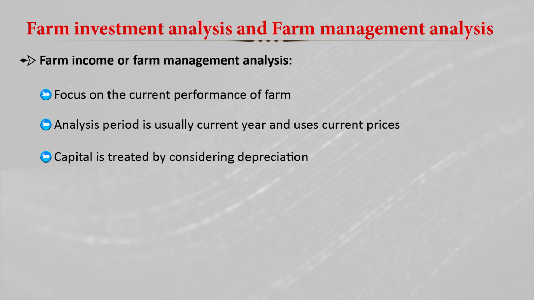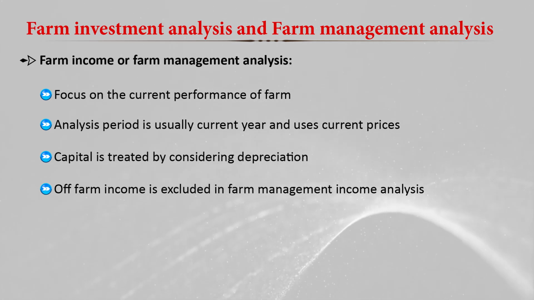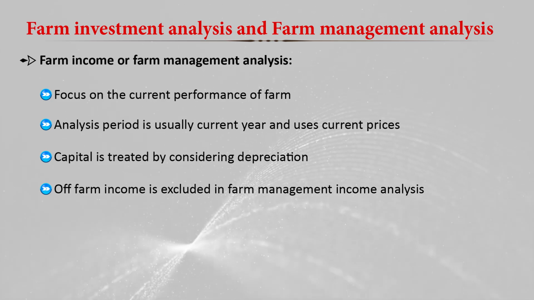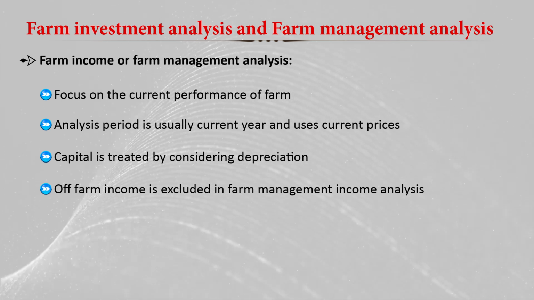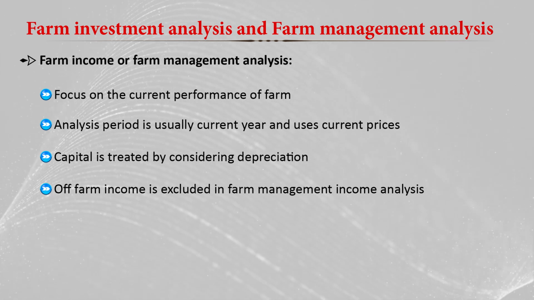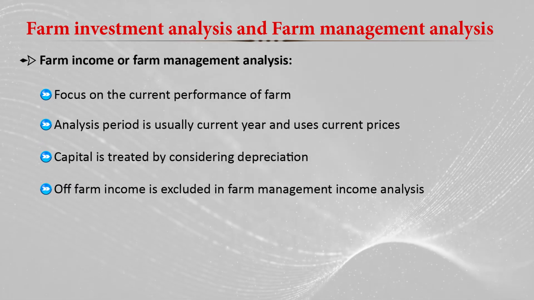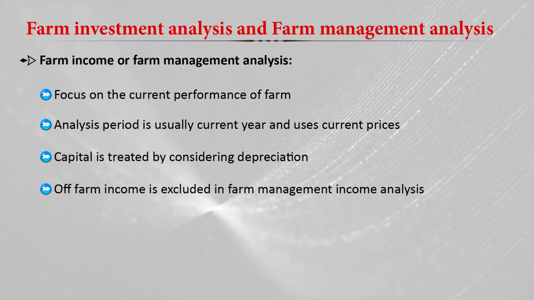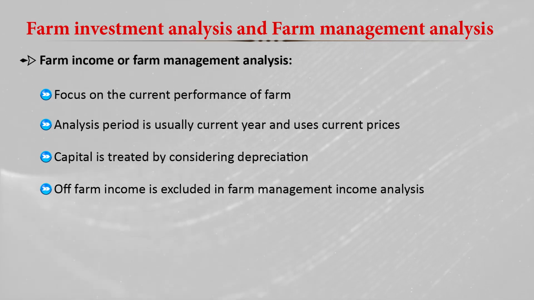Here we do not include the off-firm income due to the project activity. We count only what is going on, the cost and benefit in the firm in the current year due to the project activities. We do not include the external things that may result from the project activity.